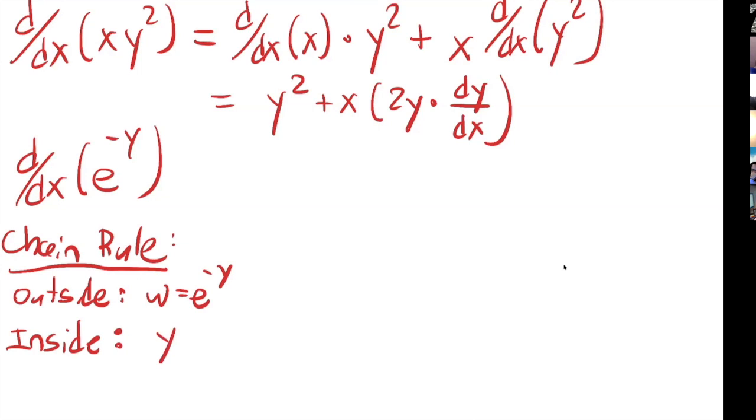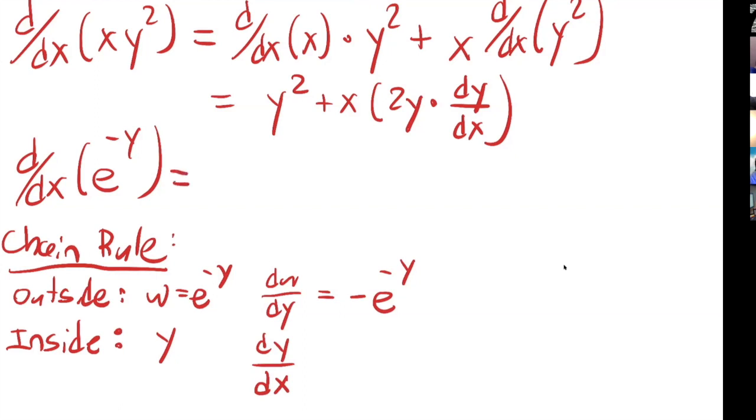We're just going to say the inside function is y. We don't know what that is. And so then when we take the chain rule, we're going to take the derivative of the outside function with respect to y. So that would give me a minus e to the minus y. And then we take the derivative of the inside function with respect to x. And that's why when we do these implicit derivatives, we always see these times dy dx. That's just really holding the place for the derivative of the inside function.